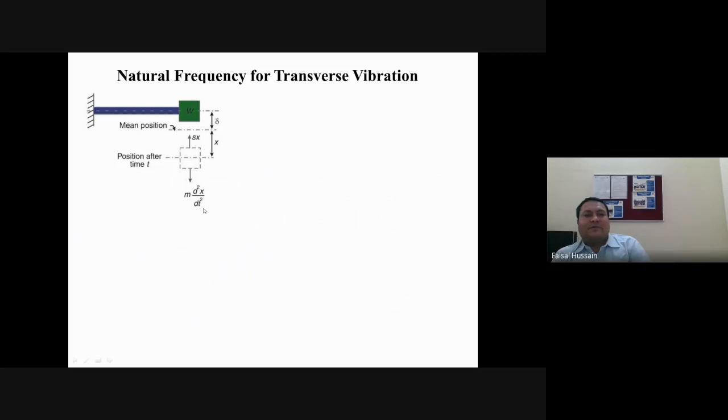And in transverse vibration, there is alternately bending from one mean position to the other mean position, that we have seen. Now bending stresses play a role in transverse vibration.